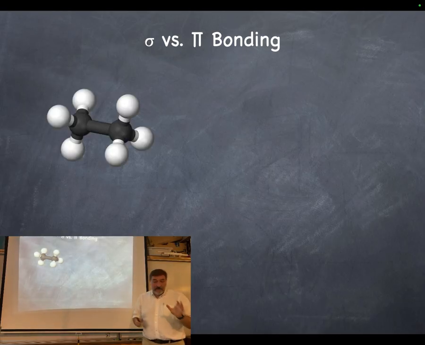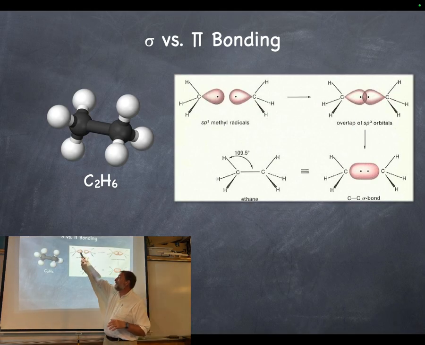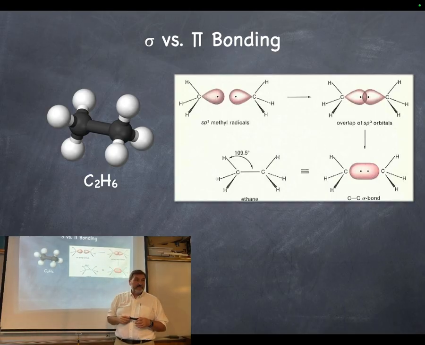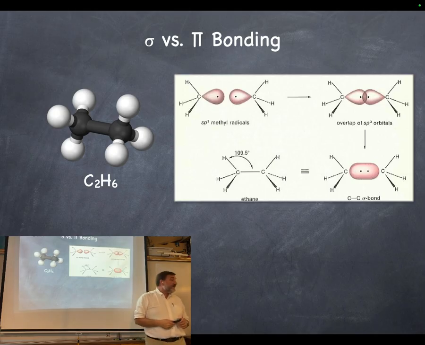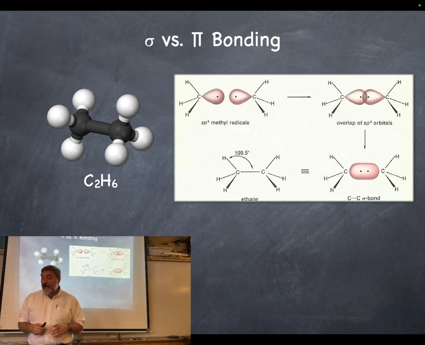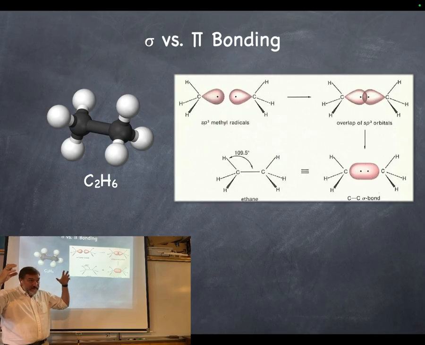So a sigma bond, and this molecule is full of them, happens when there is an overlap directly along the line connecting the 2 nuclei. Okay, so if you have a bond that overlaps directly along the line connecting the 2 nuclei, we call that a sigma bond. This carbon with 4 bonds is sp3 hybridized. As the 2 carbons get close together, their orbitals interact.